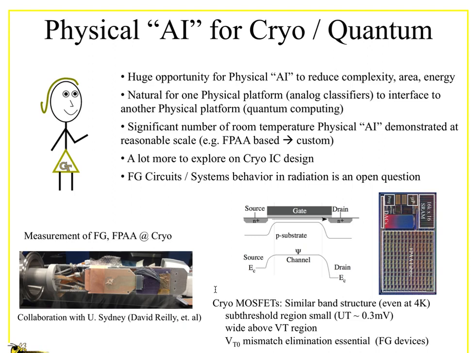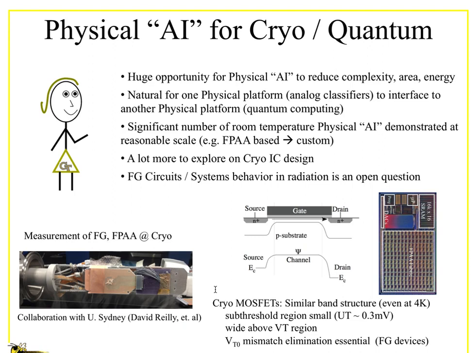I think what you find is that it's really natural for one physical platform to interface to another physical platform. What you can also see is a significant number of room temperature physical AI demonstrations, and I think these should translate into cryospace with some really minor changes in circuitry and approaches, although there's still a huge amount to understand on the cryo IC design.